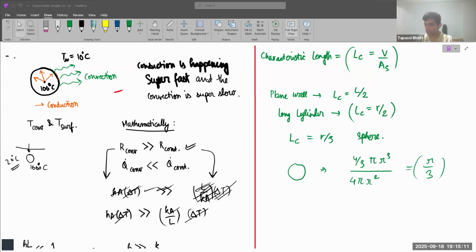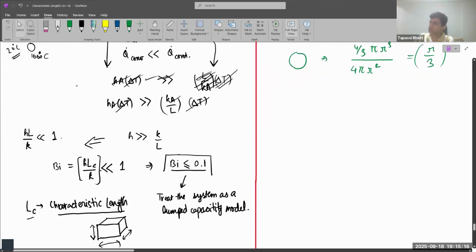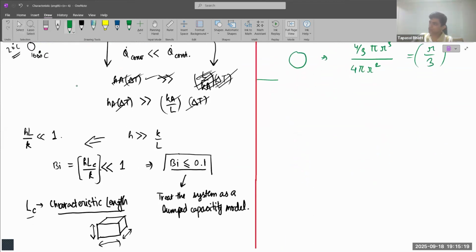Okay, now the main equation of the lump capacity model. I can go through a derivation as well, but I think I'm going to go directly to the final equation because derivation is going to take a lot of time.